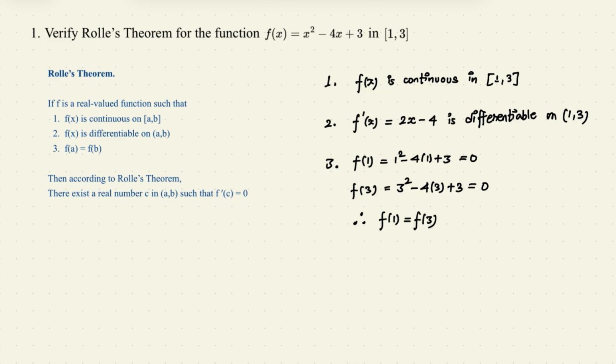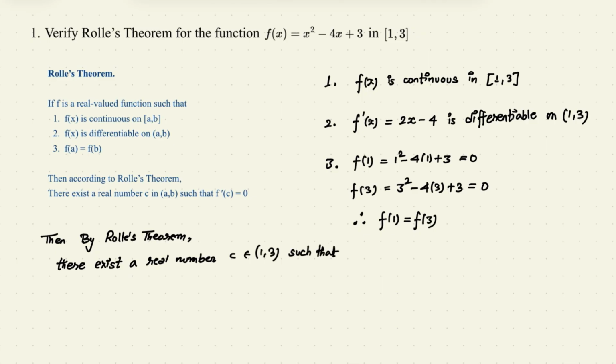Now since the given function satisfies all the conditions required to apply Rolle's theorem, by Rolle's theorem there should exist a number in (1, 3) such that f'(c) = 0. Therefore we write, there exists a real number c which belongs to the open interval (1, 3) such that f'(c) = 0.